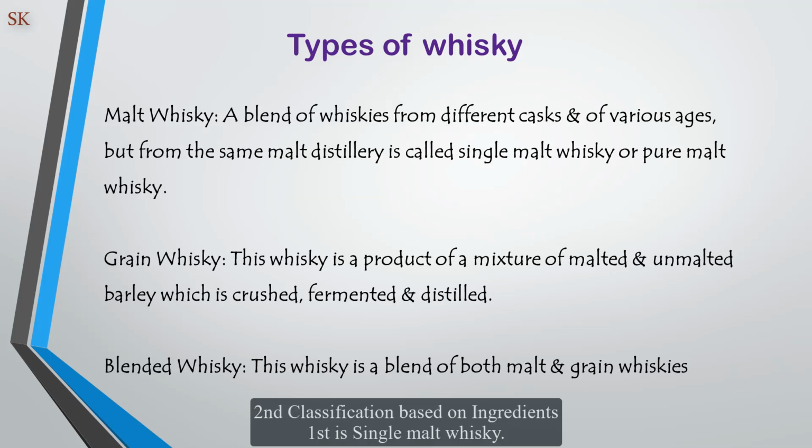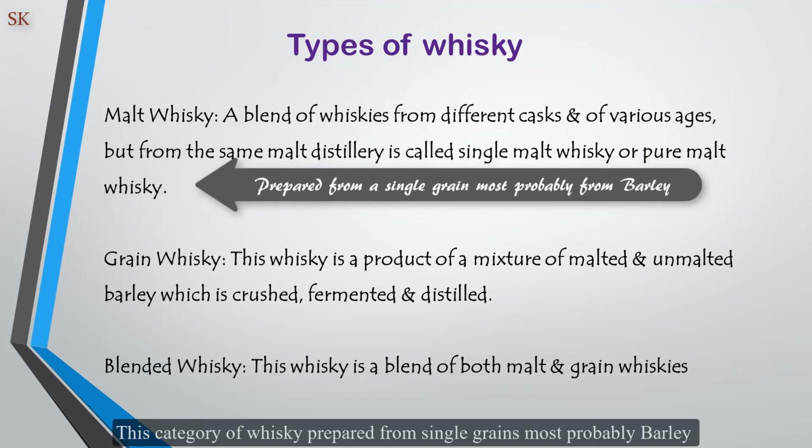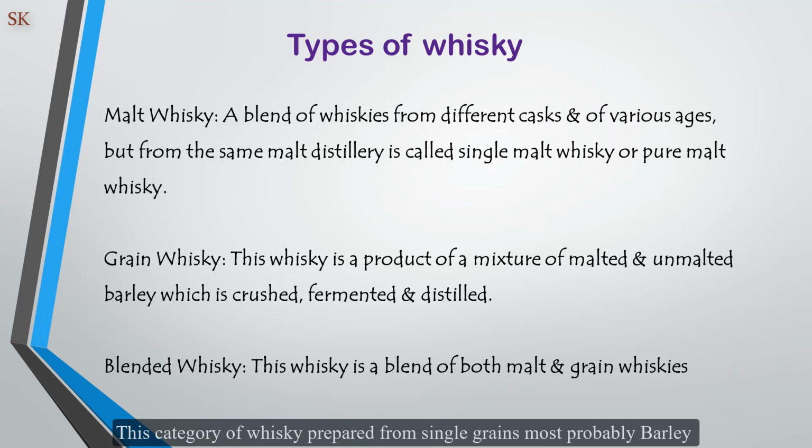The second classification is based on ingredients. First one is single malt whiskey. This category of whiskey is prepared from a single grain, most probably barley, and it should be malted, which means germinated and dried. This whiskey is also called malt whiskey or single malt whiskey.